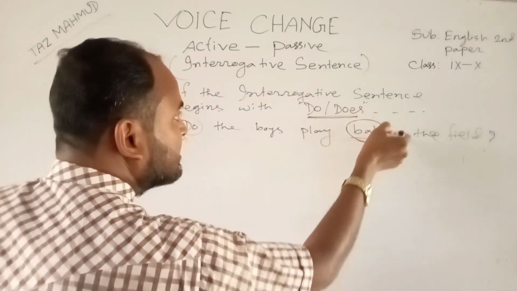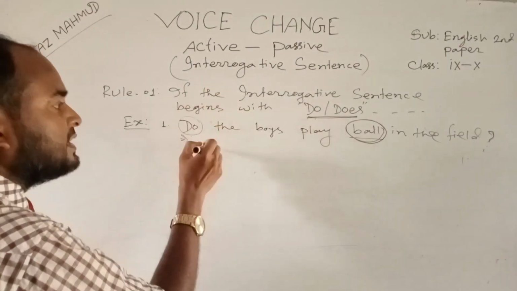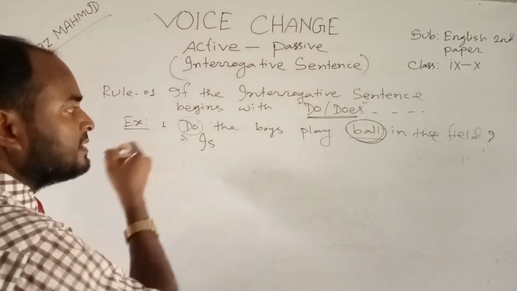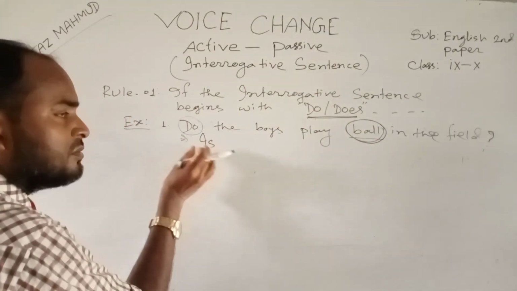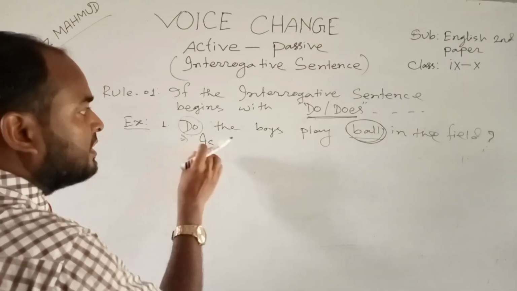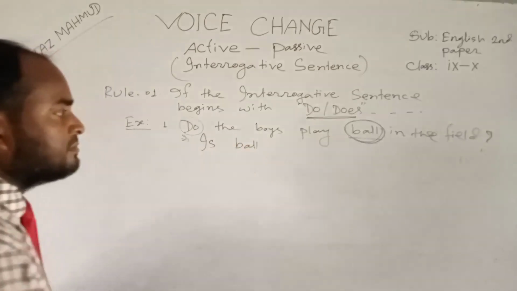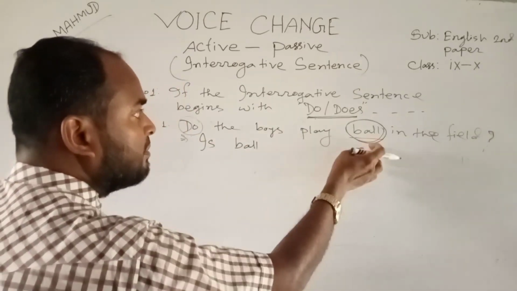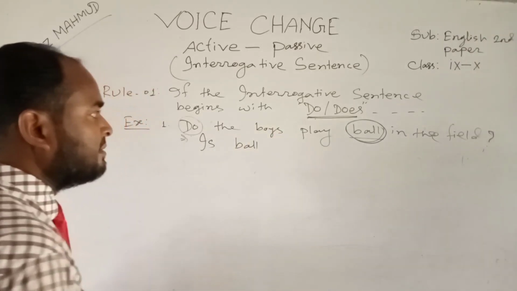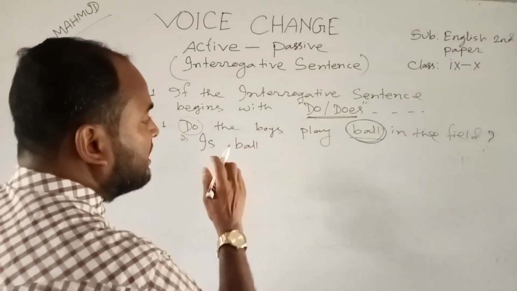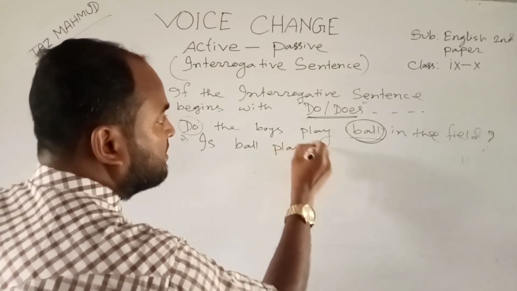Ball, and this is third person singular, so we shall write is. Then object as subject form: the subject and object form are both the same, is ball. Then past participle form of verb.